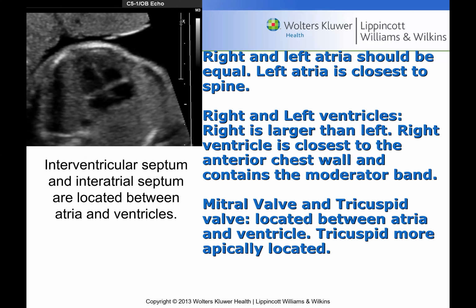The left ventricle is more smooth shaped and conical. You'll see the interventricular septum and the interatrial septum with the foramen ovale, and then the mitral valve and the tricuspid valve. The tricuspid valve is more apically located.